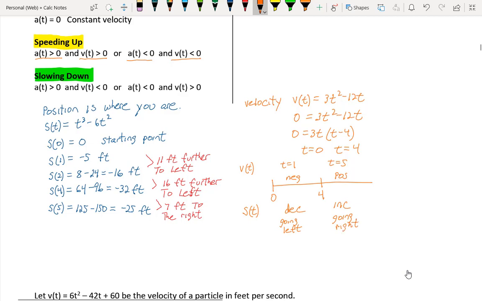So therefore, we can say that at 4 seconds, we went from decreasing to increasing. Okay? Our derivative went from negative to positive. So again, this is at 4 seconds. So if you think about a graph, 1, 2, 3, 4, at 4 seconds, our derivative went from negative to positive. Now I don't know what it looks like, so I'm just going to do that.